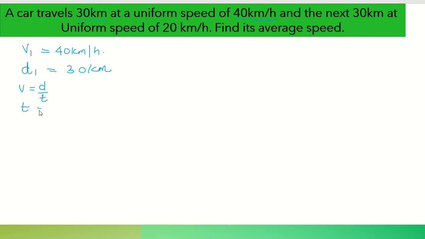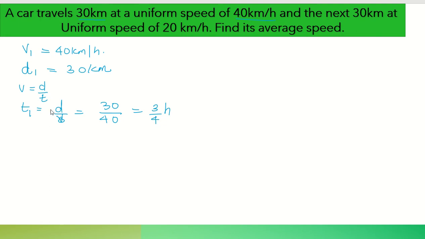So time t is equal to distance by speed. Distance is 30 km and speed is 40 km per hour. So we get the value as 3 by 4 hours.